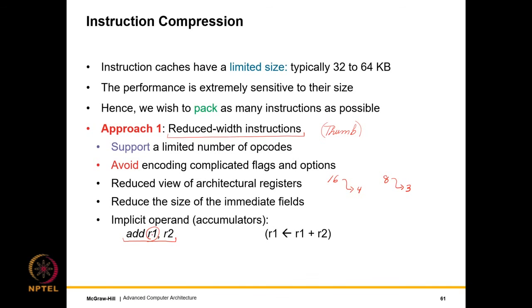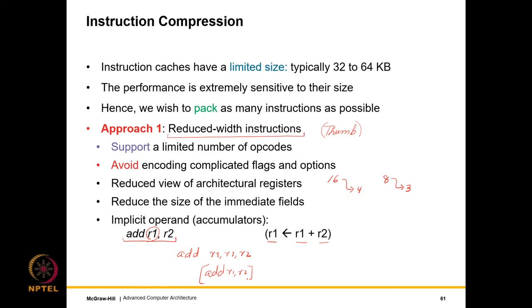So R1 is both a source and a destination, and the destination is of course implicit. Ideally we would have written add R1, R1, R2, but since this is a reduced instruction set, we can write add R1, R2.